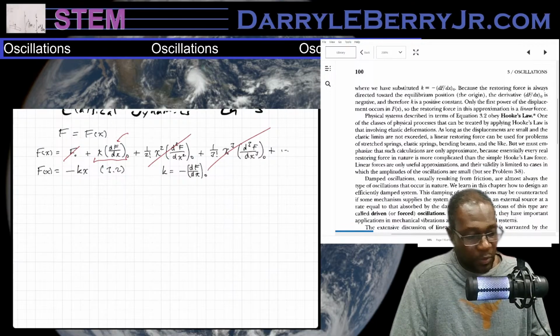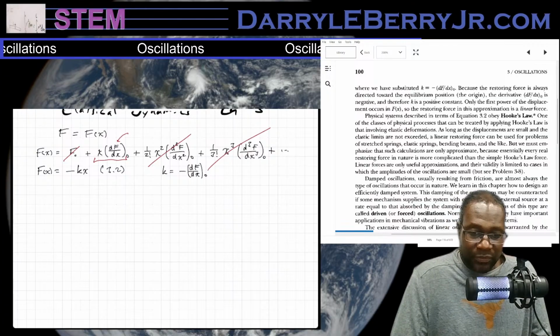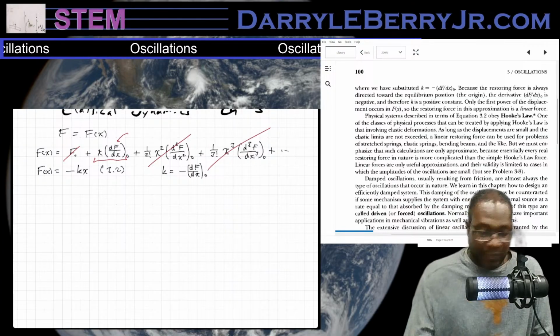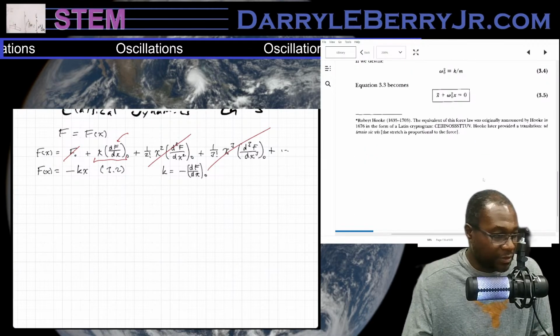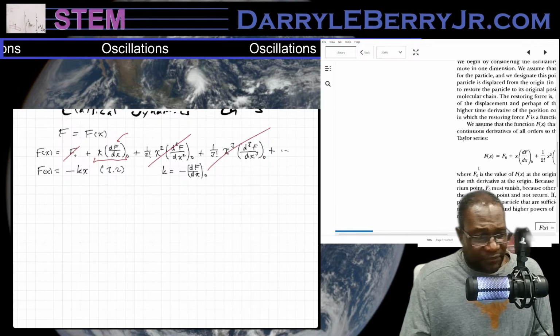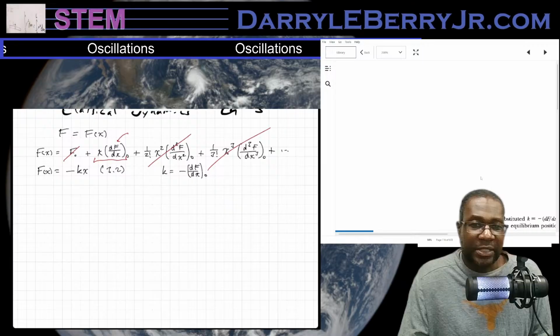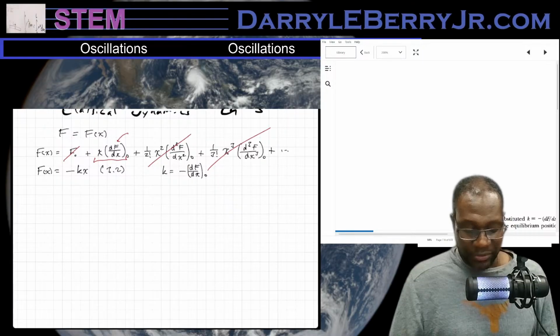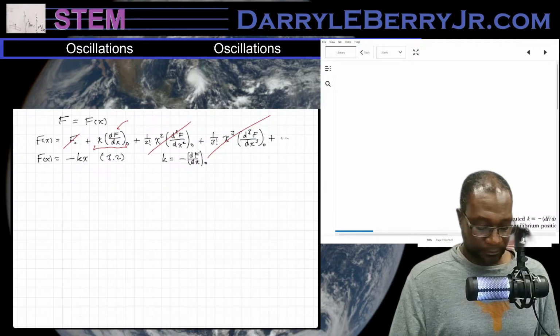And he spoke about, which we'll get into eventually, how the different variables work. I know I saw the equation, but I guess it's going to be a little bit till we get to it. Suffice it to say that the differential equation that governs these oscillations, right now we're looking at F of x equals negative kx.